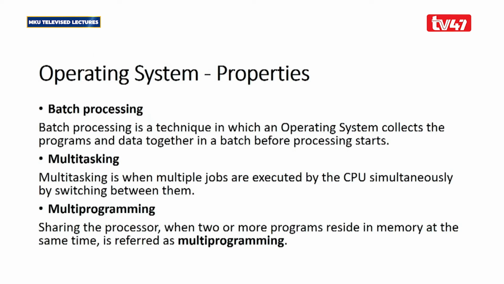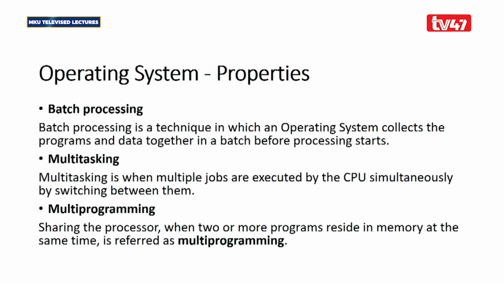We've talked of batch processing, a technique whereby the operating system collects several programs and data together before they are processed. So when you hear the word batch processing in regard to OS, it refers to that concept of collecting programs and data first, accumulating them before they are executed or processed.